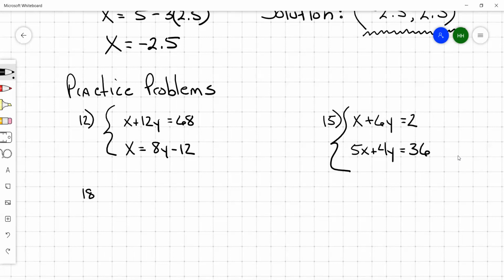And then problem 18. That's r plus s equals negative 12, and 4r minus 6s equals positive 12.